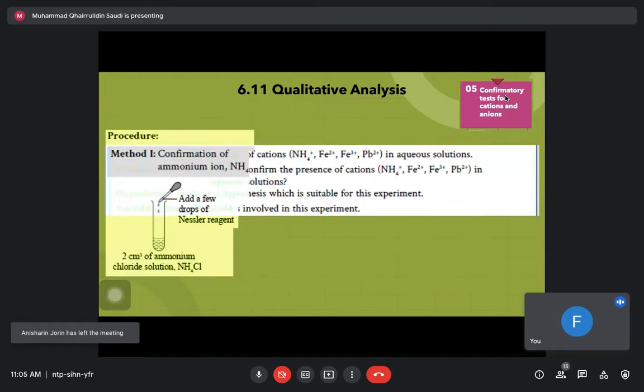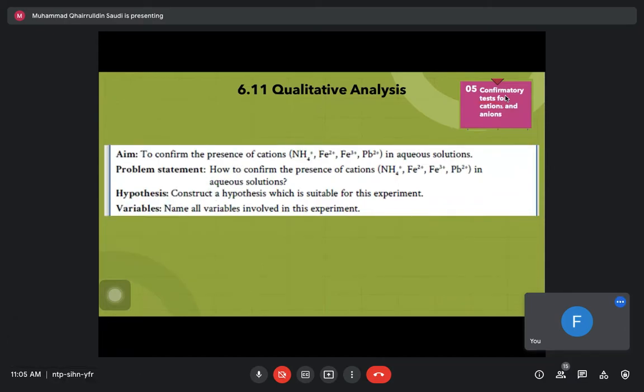So in confirmatory test for cations, you should be able to describe the confirmatory test for lead ions, iron 2 ions, iron 3 ions, and ammonium ions.